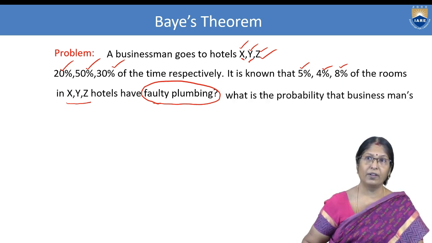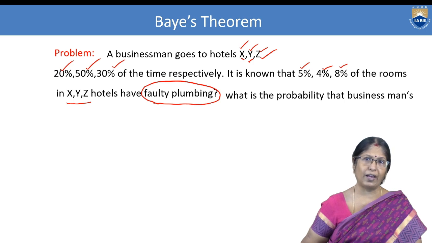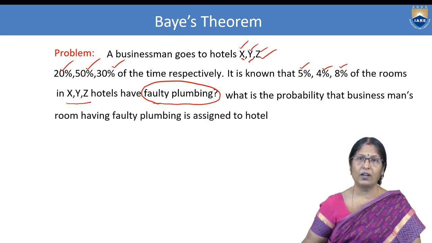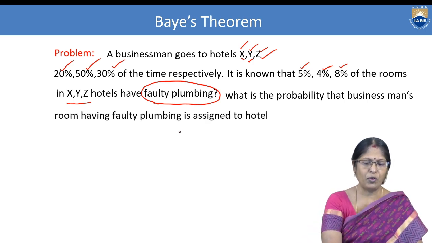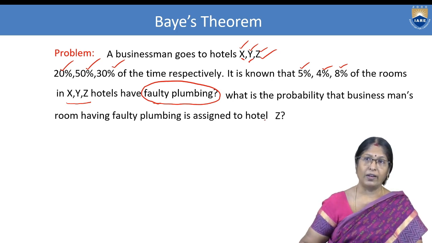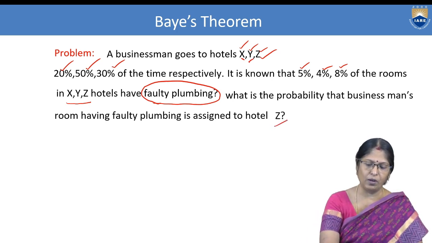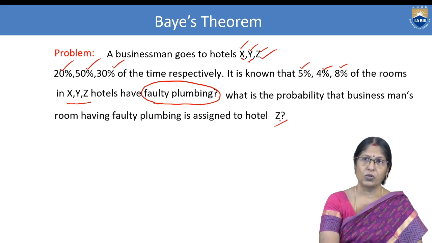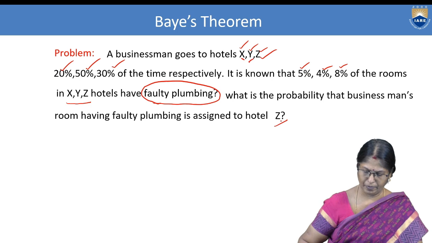What is the probability that the businessman's room having faulty plumbing is assigned to the hotel? That is the total probability of faulty plumbing in all the 3 hotels they are telling us to find. And especially they are asking, what about Z? So that we are going to discuss in detail.